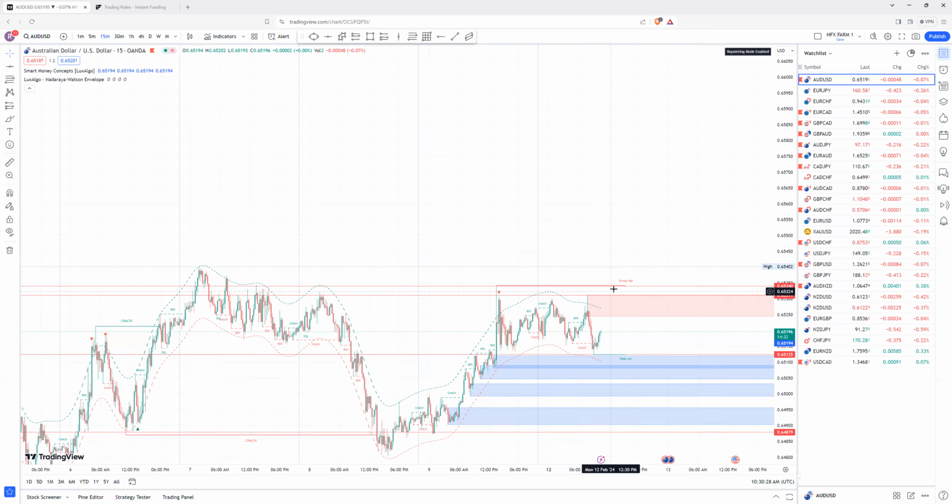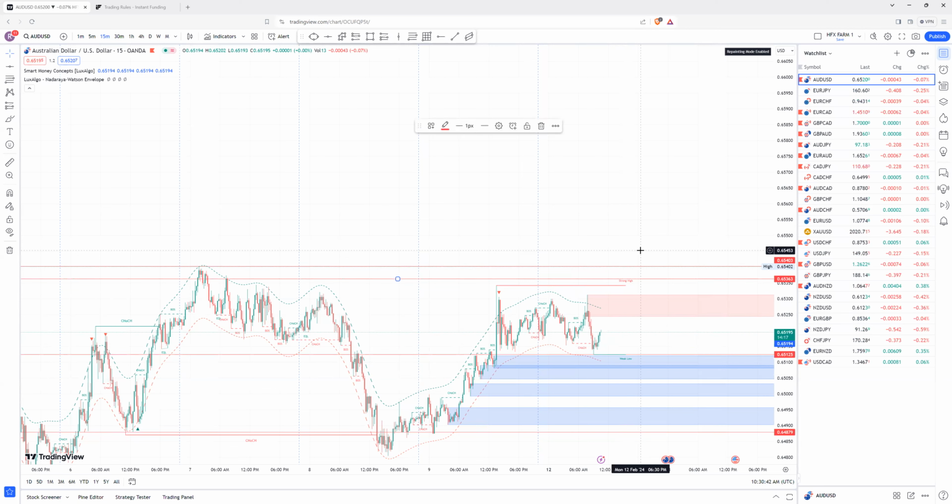So right here, we might just make here our entry, but at the same time, sometimes I like to do it like this, because I see that there's a lot of liquidity lying right there. So there might be some kind of fishy movement. So this will be our first entry for this particular pair, AUD USD.